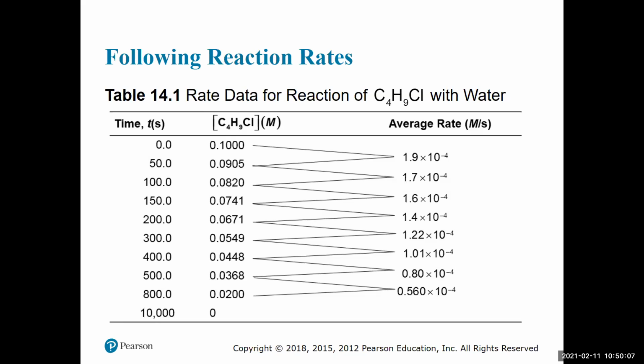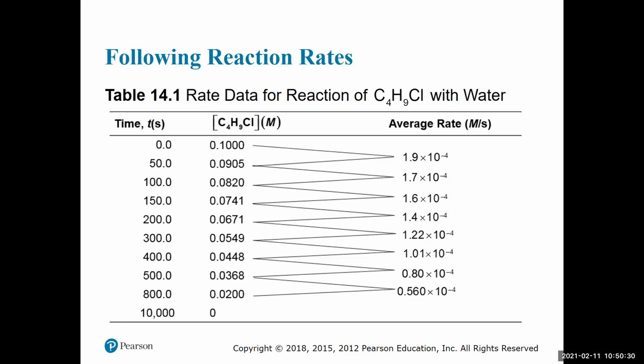And then over on the right, we have the calculated value for what the rate of the reaction was. And we see it starts out at 1.9 times 10 to the minus fourth molar per second. And by the end of it, when we get towards the bottom, it's slowed down quite a bit. Now it's 0.560 times 10 to the minus fourth.